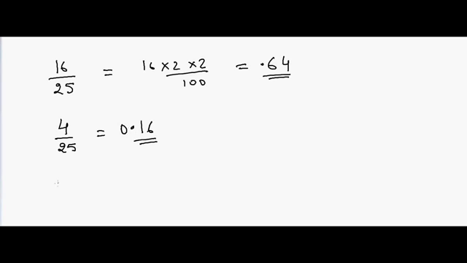Another example is if I have 44 to divide by 25, we multiply 44 by 4. So 44 into 2 is 88, and 88 into 2 will be equal to 176. So the answer will be equal to 1.76.